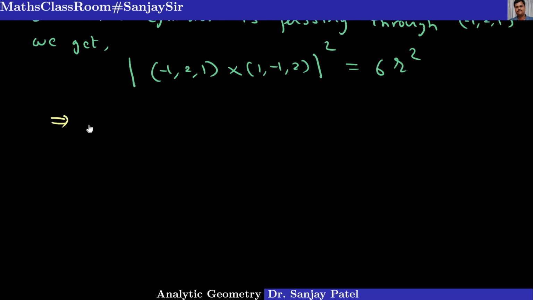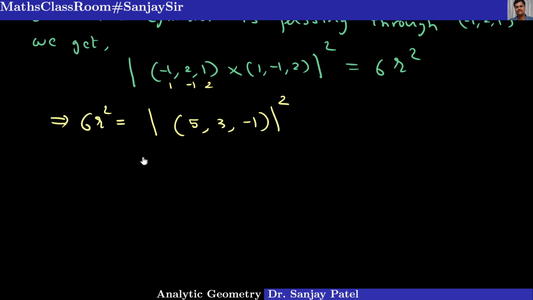So this implies 6r square is equal to, let me write over here (-1, 2, 1) and (1, -1, 2), and I will find this vector first. So hiding this, 4 plus 1, that is 5. Then hiding this, 1 plus 2, that is 3, and adding this, plus 1 minus 2, that is minus 1. So this is the cross product of the two vectors.